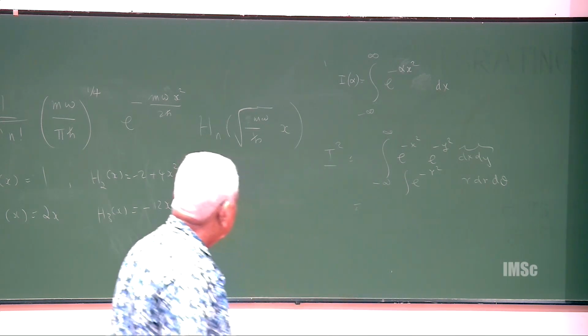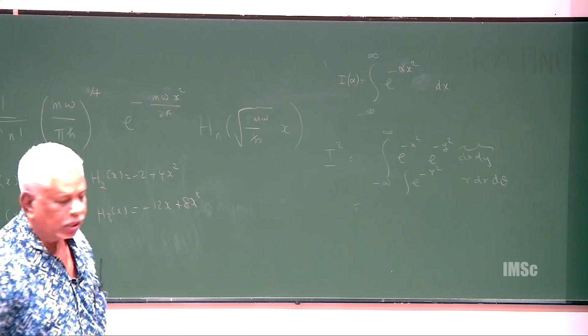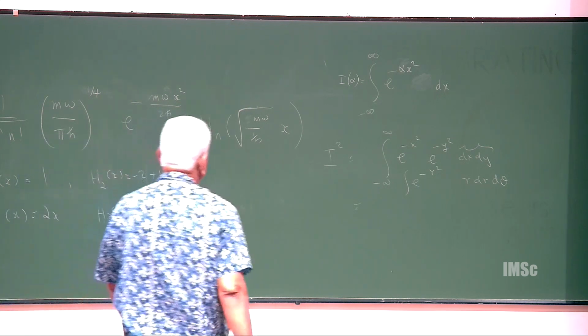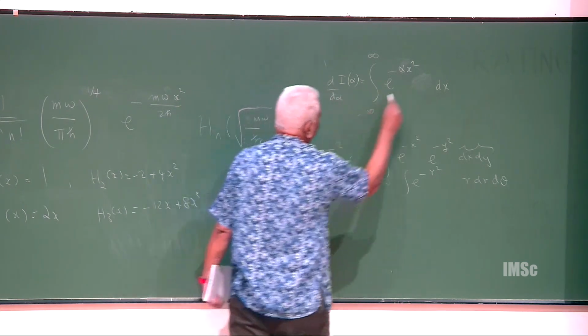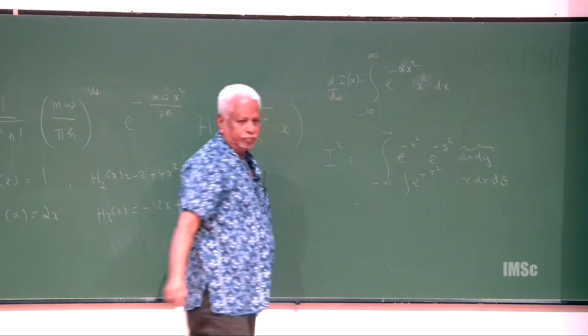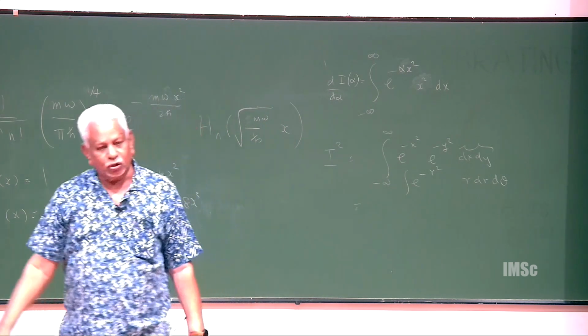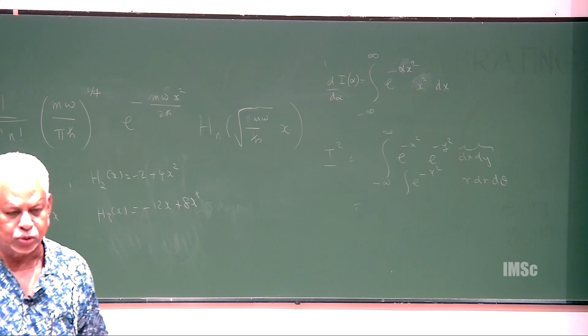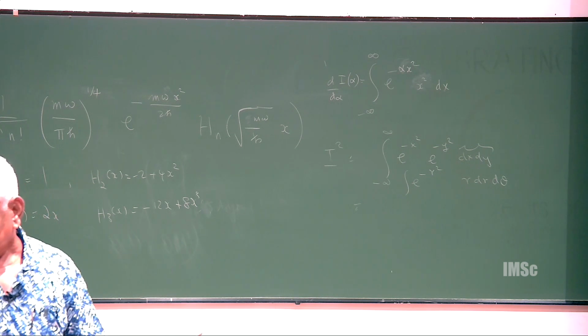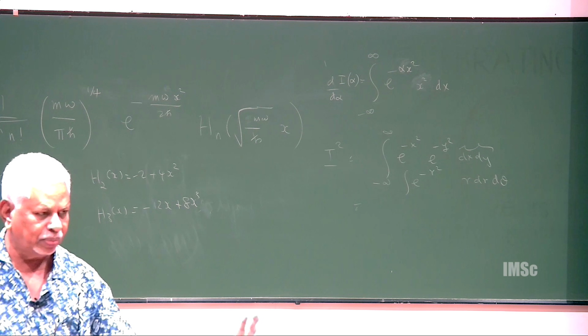Now, if you want to get e power minus alpha x square with an x square, what is it you want? If you differentiate this with respect to alpha, you will have x square here. So if you have the function I of alpha, you can differentiate it with respect to alpha and put alpha equal to 1. That's all. As simple as that.